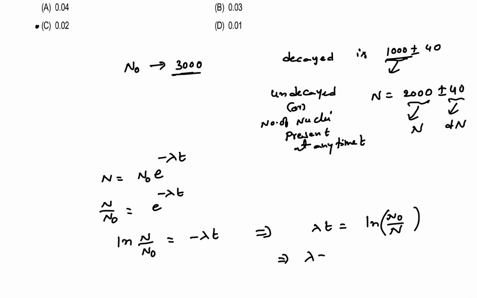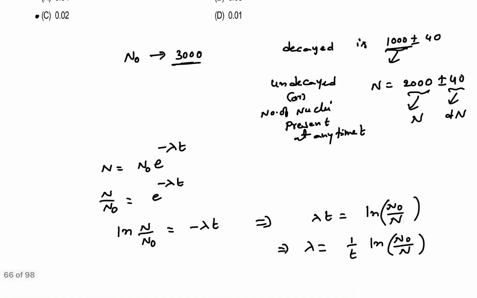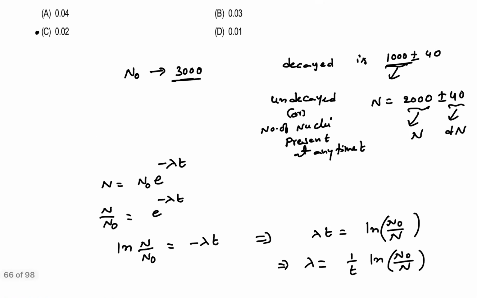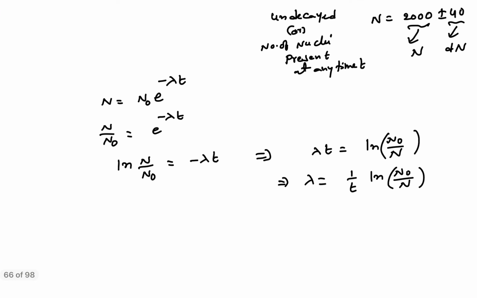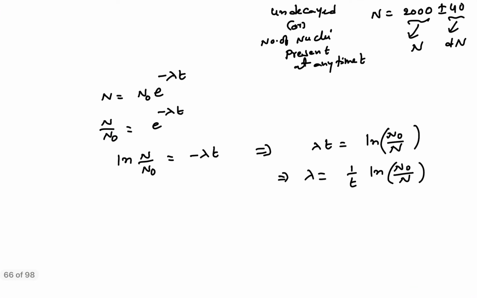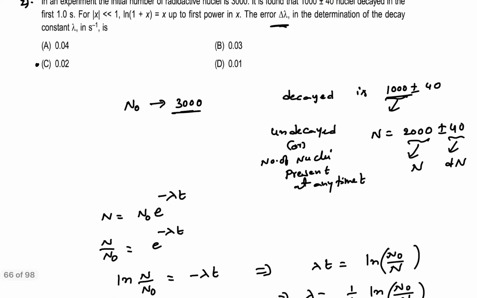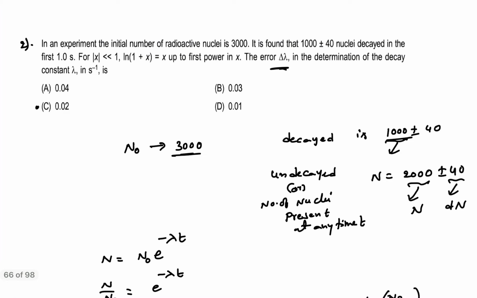Now lambda into t is equal to ln of N naught divided by N. Again lambda is equal to 1 by t times ln of N naught divided by N. This is my lambda value, but I want the error in lambda.